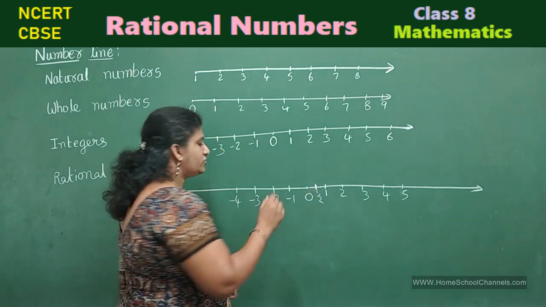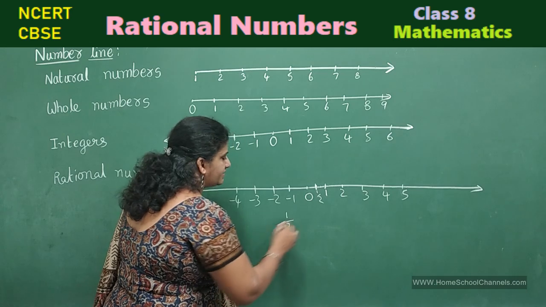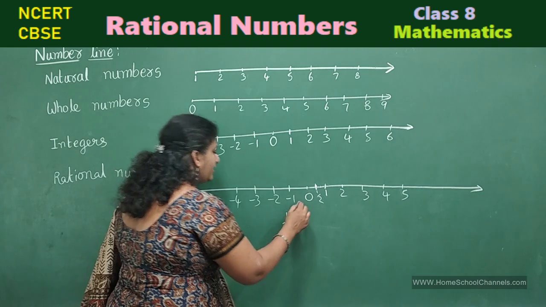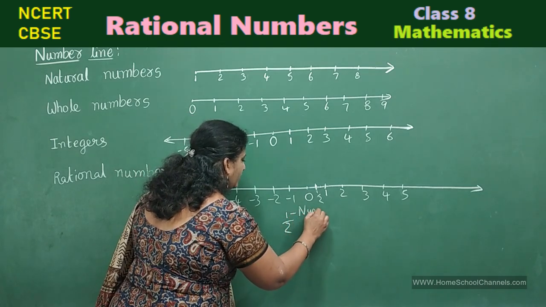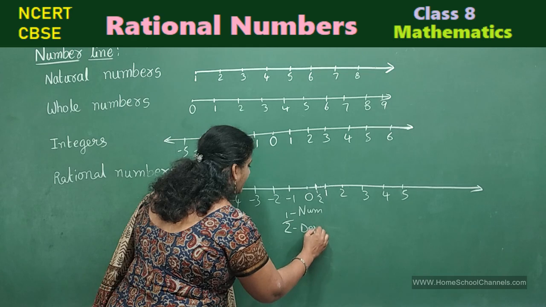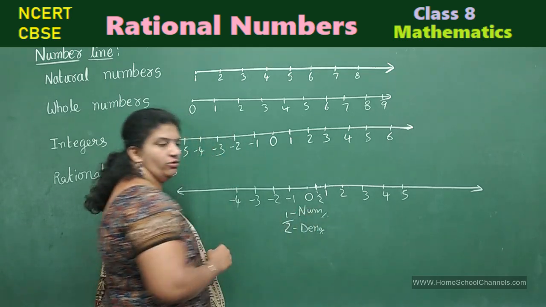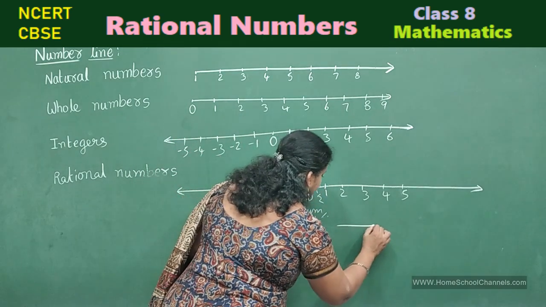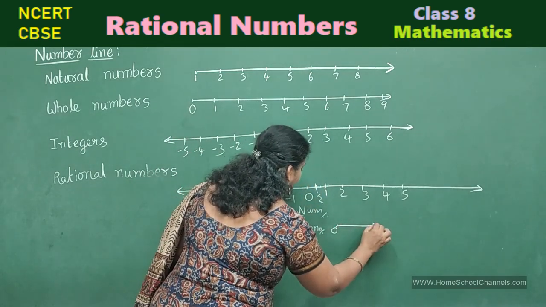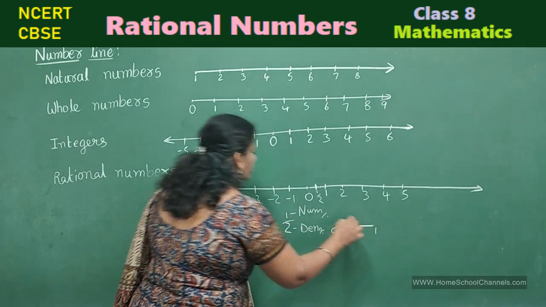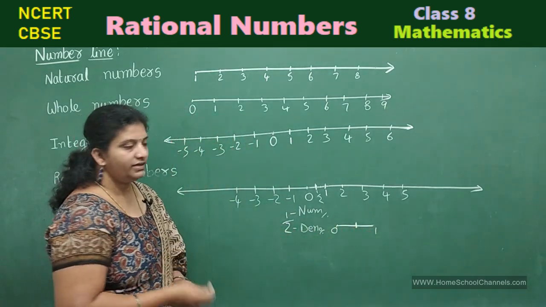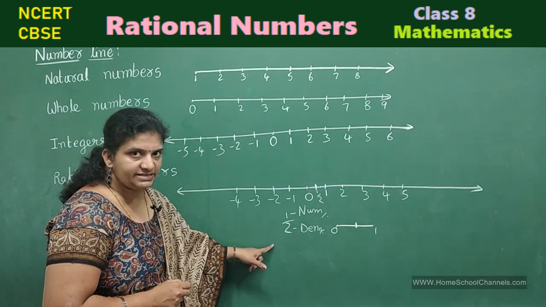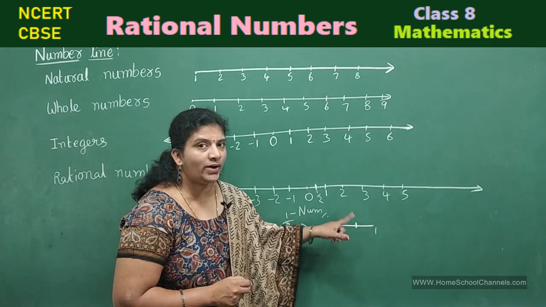Half, right? So what does this half indicate? See here, half, 1 by 2, is a fraction. And here, this we call a numerator and this we call a denominator. Yes or no? Now, how are we saying this one? 0 to 1, right? This is divided into two equal parts. And here, this 2 in the denominator says the number of parts you have made.